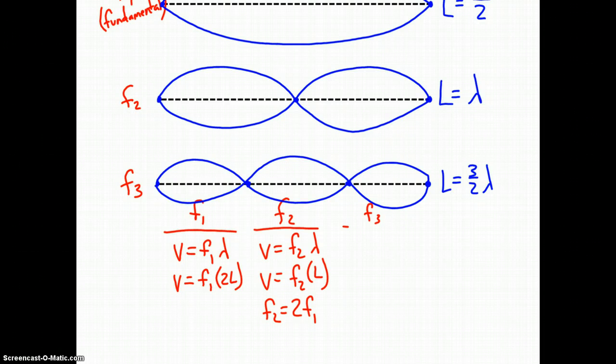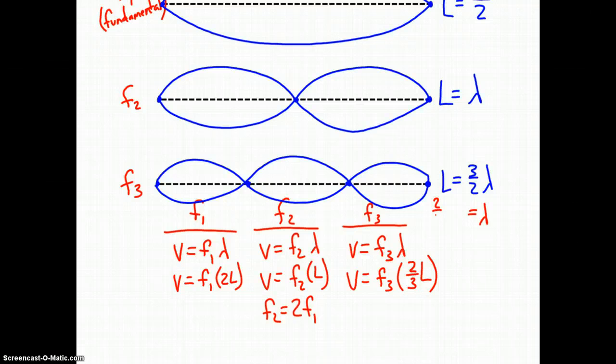So for the third harmonic, V equals F3 lambda. Now in terms of L, lambda equals 2/3 L. To get lambda over here, we multiply both sides by 2/3, so it's going to be 2/3 L. Now compare that equation to the first one, and you would get F3 in terms of the fundamental frequency would be 3 F1.